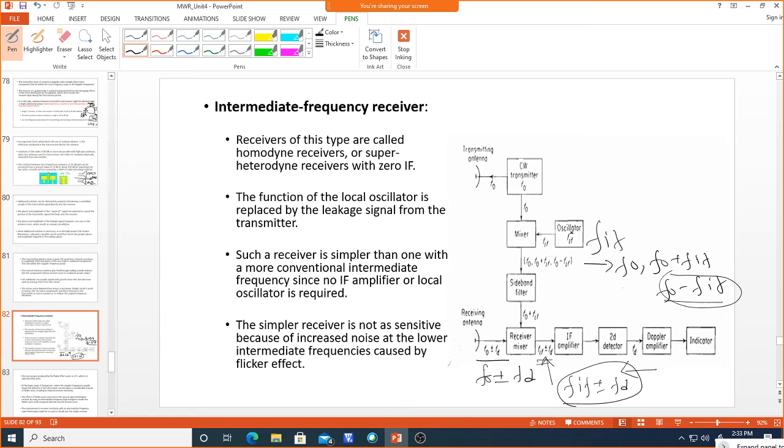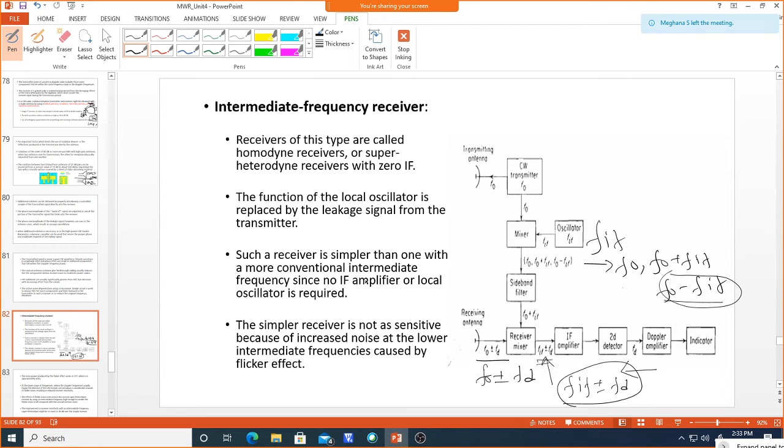Here you can see the local oscillator which is used to mix the transmitted signal with the IF frequency signal. Whatever leakage happens from the transmitter, we are giving here directly to get the reference signal, and that will be the function of the local oscillator, with respect to the IF frequency and transmitter frequency.